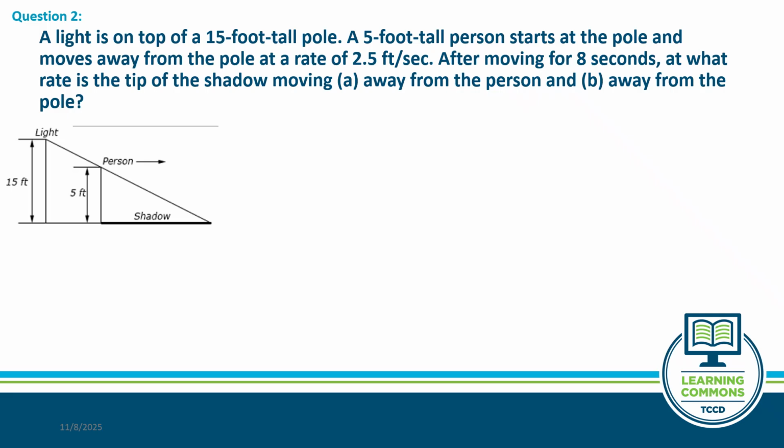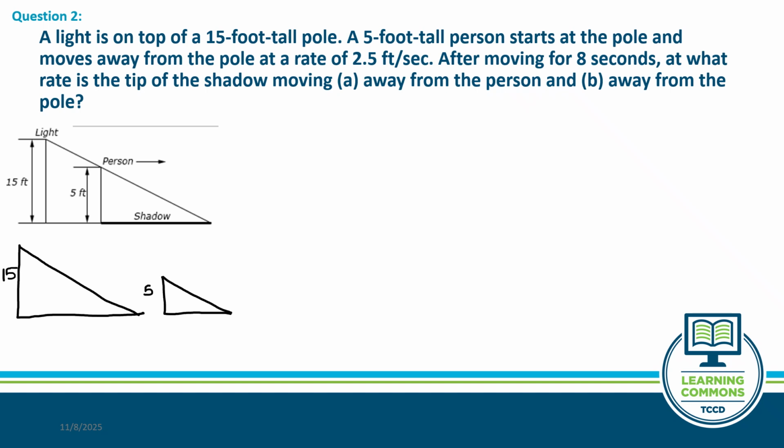Okay, so this is a case of similar triangles. So I broke these 2 down first. I got my bigger triangle, and I have my smaller triangle. And that kind of helps you see things a little bit easier. So 5 feet, 15 feet.